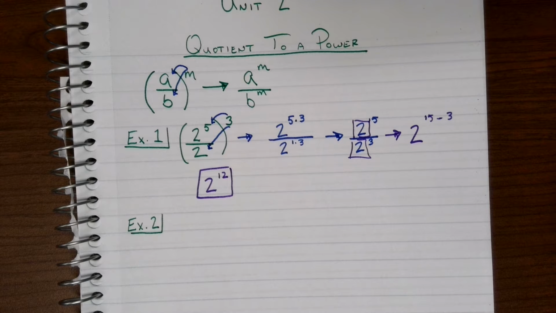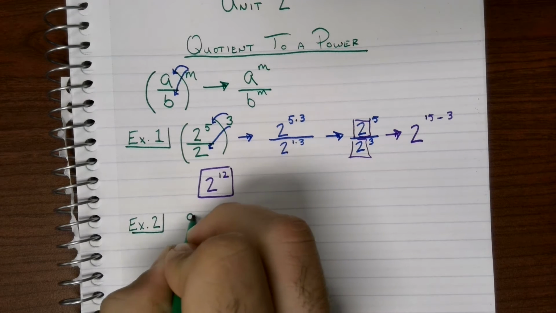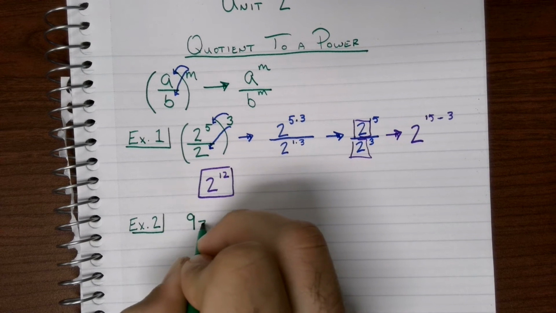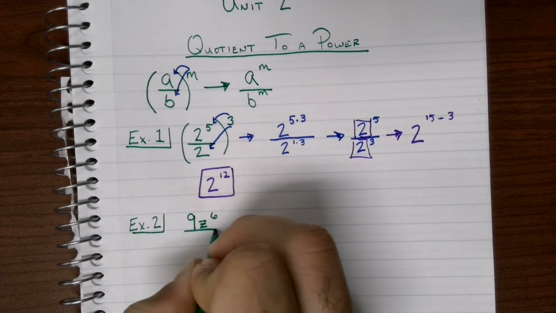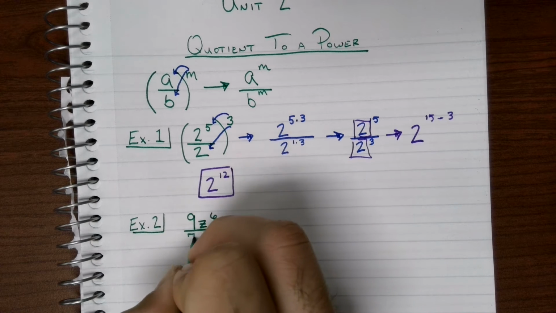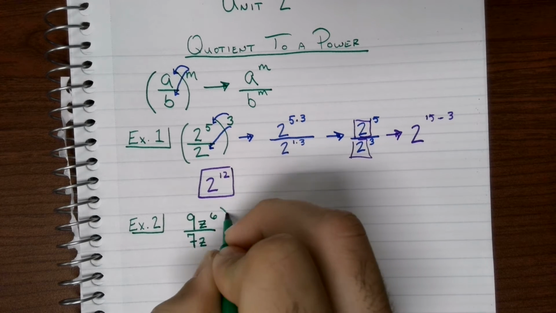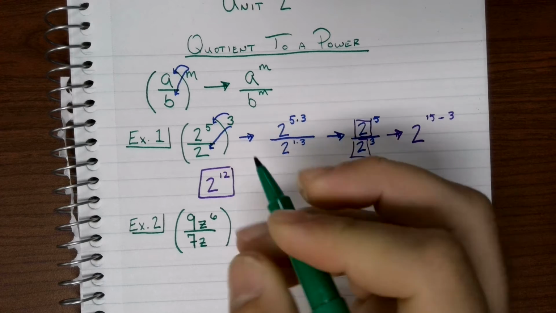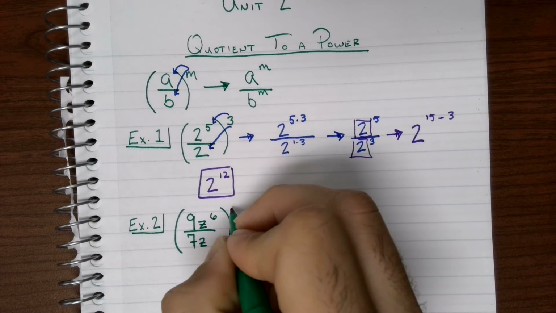All right, let's look at another one here. Let's say I have 9z to the 6th over 7z, and all of that raised to the 2nd power.